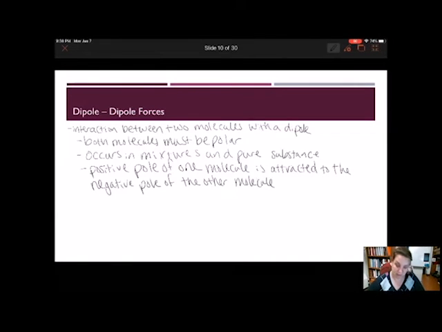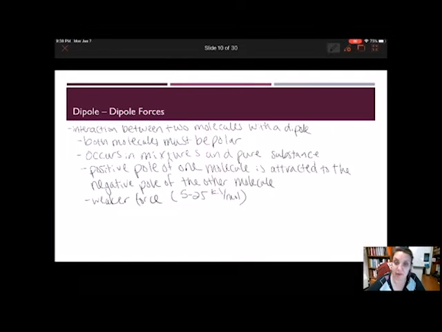So this is a weaker force than our ion-dipole. This is between 5 and 25 kilojoules per mole in energy.